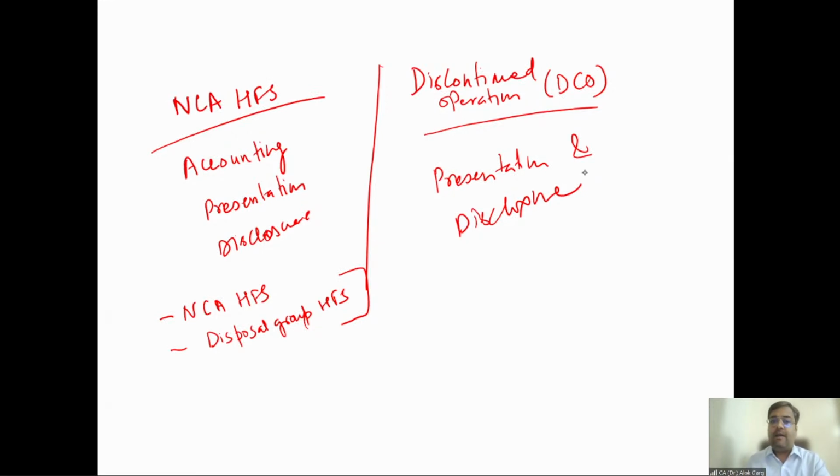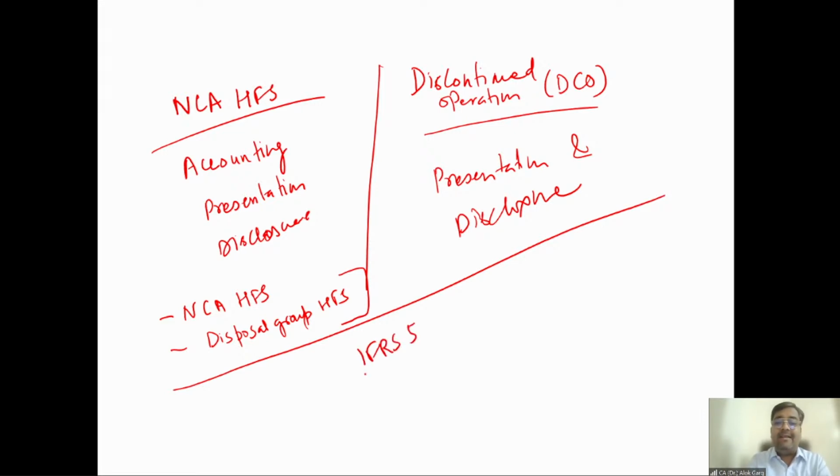Okay. So friends, as far as standards are concerned, globally, it is IFRS 5. If you have selected a GFRS paper, which is an elective paper, right? So globally, it is IFRS 5, which talks about non-current asset held for sale and discontinued operations. In Ind AS, we will be discussing Ind AS 105, right?